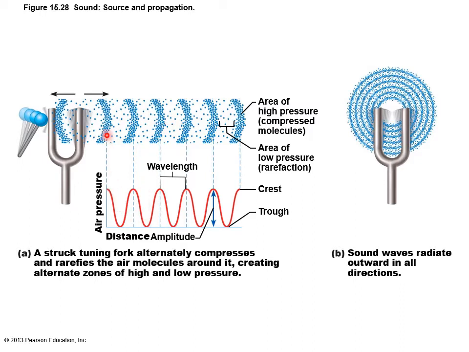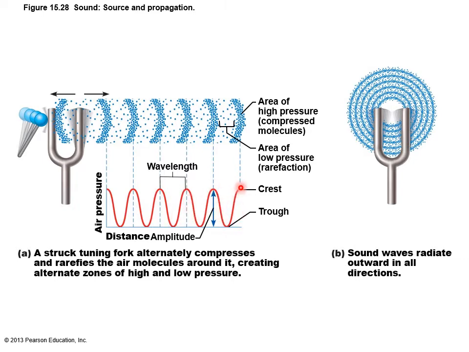And where you have the high pressure, that is a high wave right there. That's where the wave is at its peak. And then where the pressure is low, that's where the trough is of the wave. So you see how the wavelengths correspond to those different areas of high pressure versus low pressure.